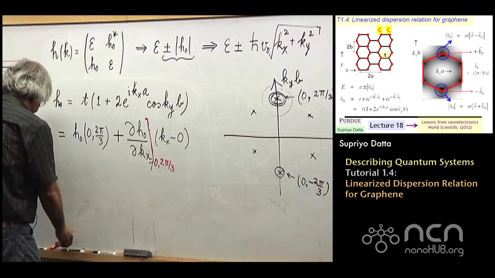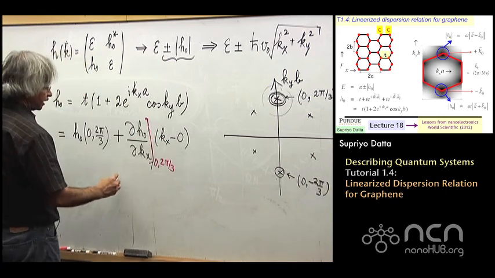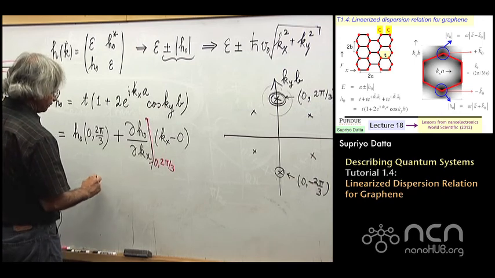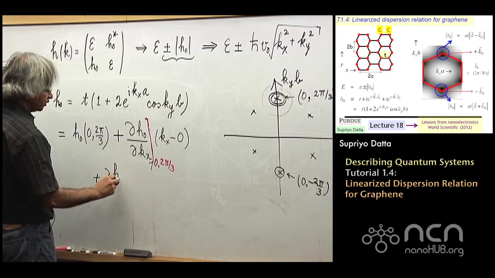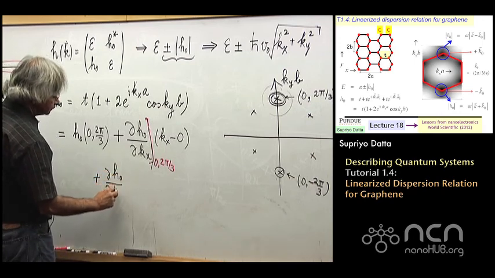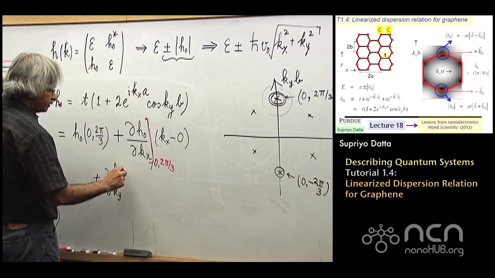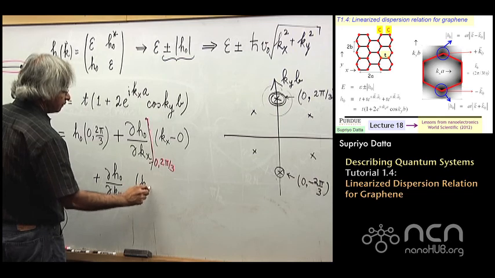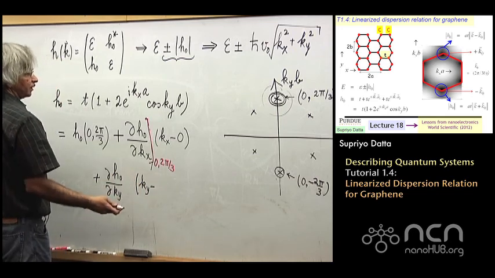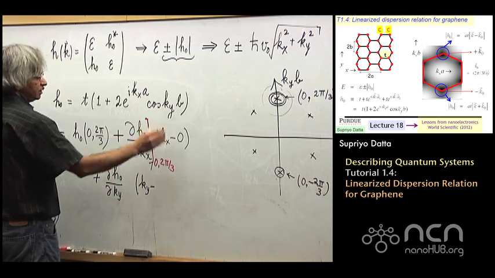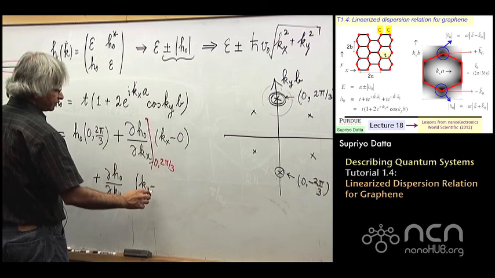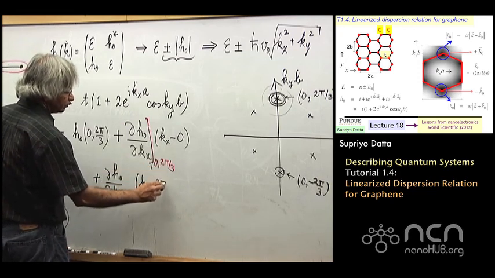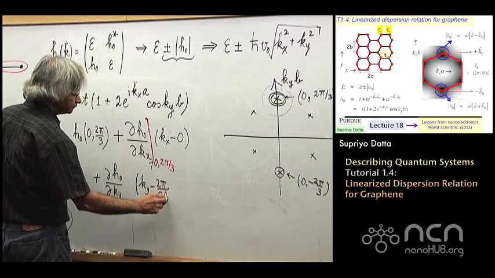And then another term which will look like plus del H0 del Ky, and again you take it at the same point, times Ky minus the point I'm expanding around, which is Kyb equals 2 pi over 3. So I'll write it as 2 pi over 3b.